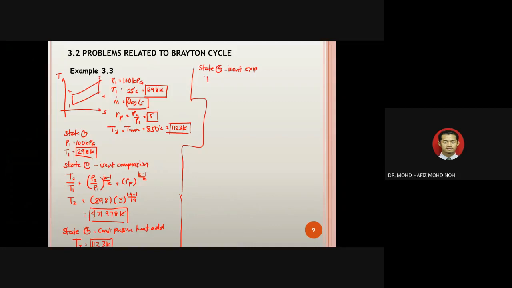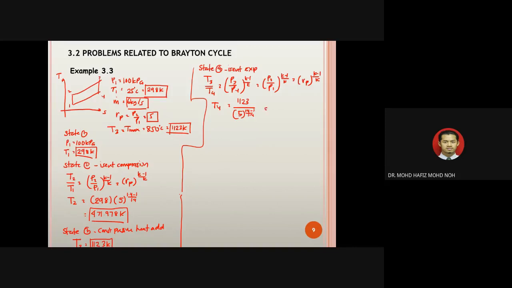So you can use the isentropic relationship, which is T3 over T4 equal to P3 over P4 to the power of (K minus 1) divided by K. This is equal to P2 over P1 to the power of (K minus 1) divided by K, which also equals RP to the power of (K minus 1) divided by K. And then T4 is equal to T3 divided by that, so T3 is 1123 and RP is 5, with 1.4 minus 1 divided by 1.4.